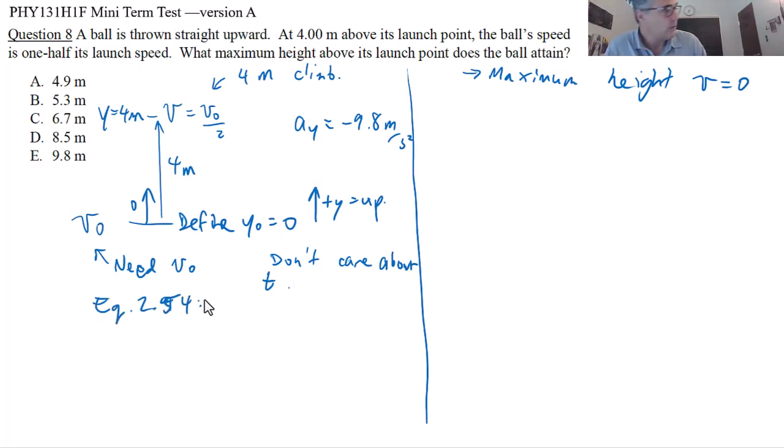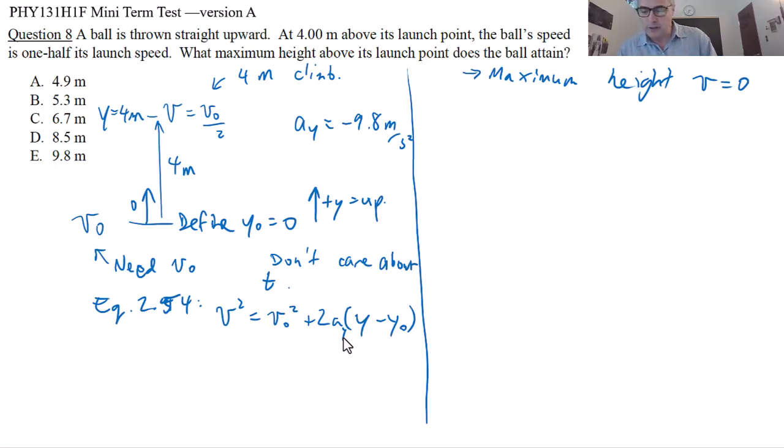2.54, which is that v squared is equal to v0 squared plus 2 times a times y minus y0. Again, I've replaced the x's with y's because we're doing vertical motion. Okay, and we'll call this a sub y.